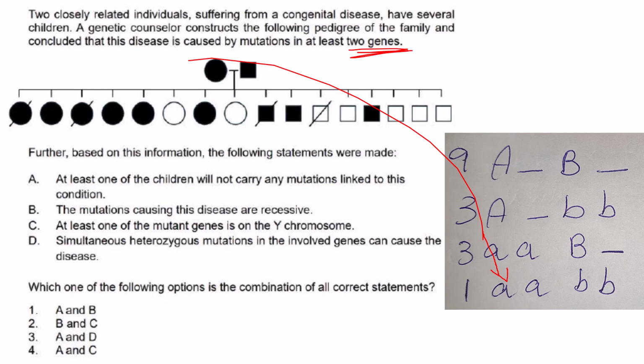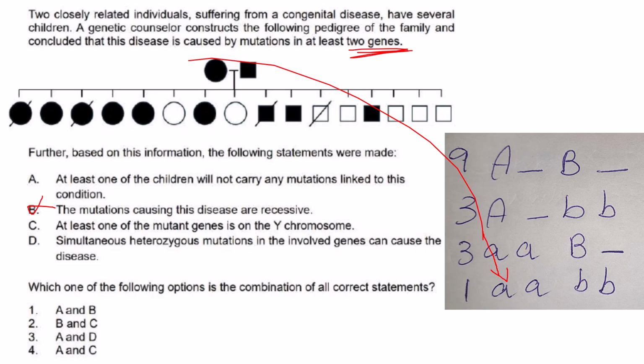So here you can see there are non-diseased offsprings also. So this mutation is being caused not by a recessive gene. So B is wrong.